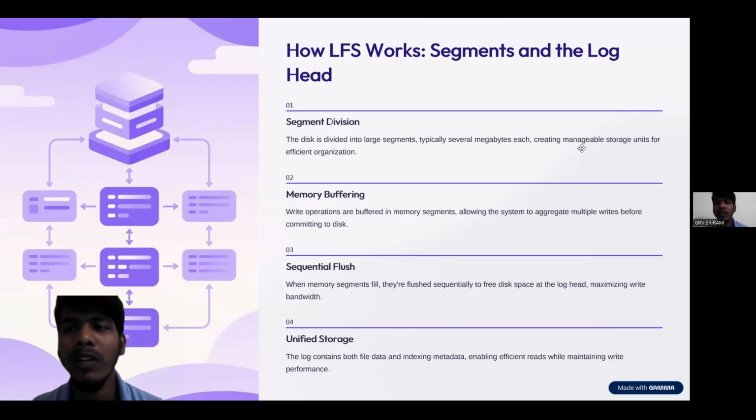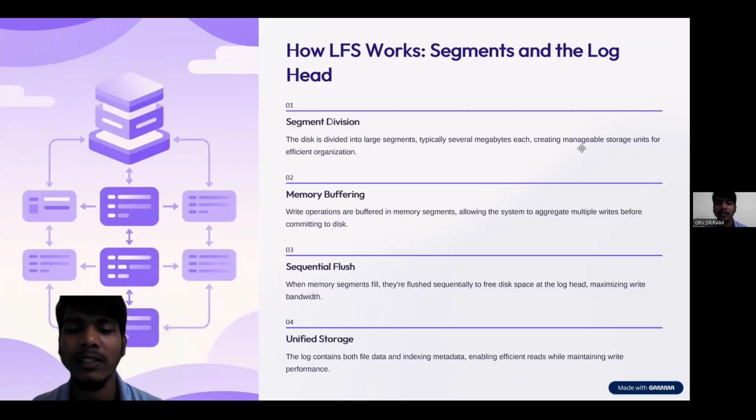First one, the segment division: the disk is divided into large segments, typically several megabytes each, creating manageable storage units for efficient organization. The second point here is memory buffering. Write operations are buffered in memory segments, allowing the system to aggregate multiple writes before committing to disk.